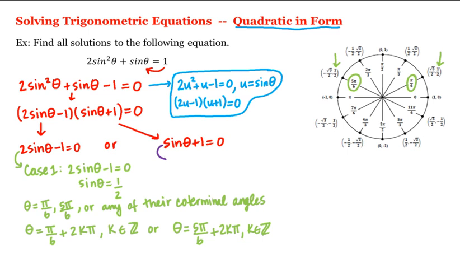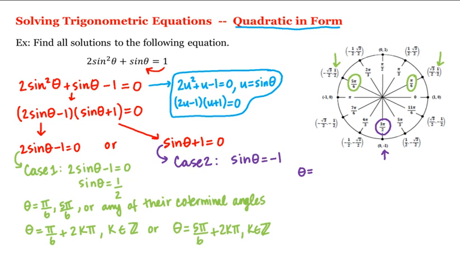Now what about this second equation? So case 2. Subtracting 1 from both sides gives us sine of theta is equal to -1. Again, looking at our unit circle, we see that the y-coordinate of this point is -1, which corresponds to the angle of 3 pi divided by 2, which means the sine of 3 pi divided by 2 is equal to -1. But so is the sine of any of its coterminal angles.